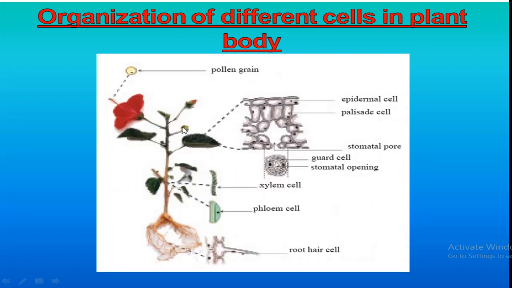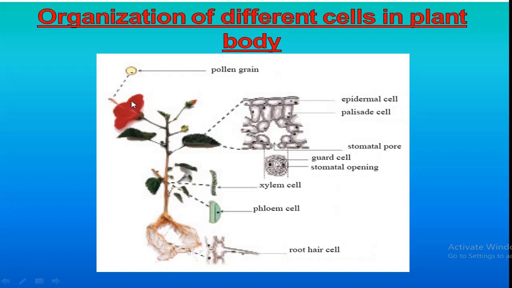This plant's body contains different parts: flowers, leaves, stems, roots. These different parts contain different cells. Flowers contain one type of cells. Leaves contain another type of cells. Stems also contain another type of cells. Roots also contain another type of cells.